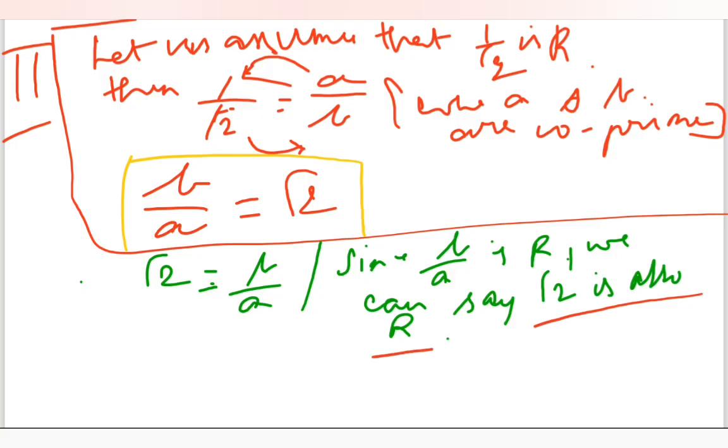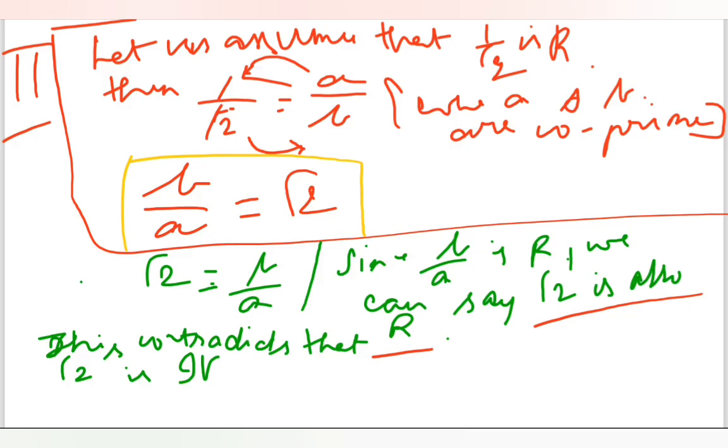So now we are writing that this contradicts that root 2 is irrational. In bracket you have to write given. First you have to prove it, given. So we are writing it.